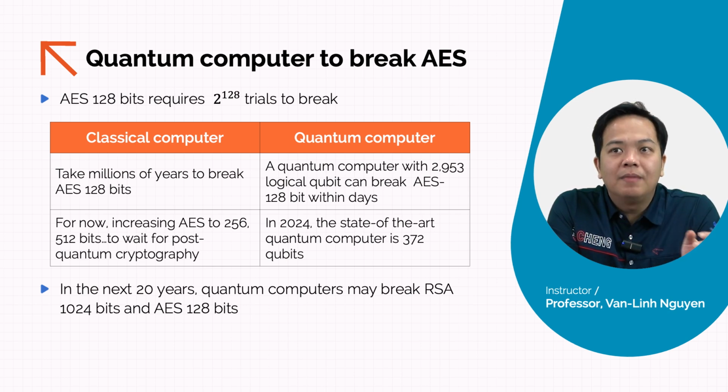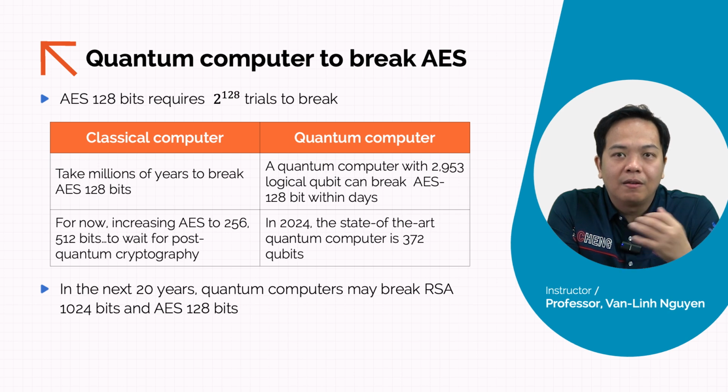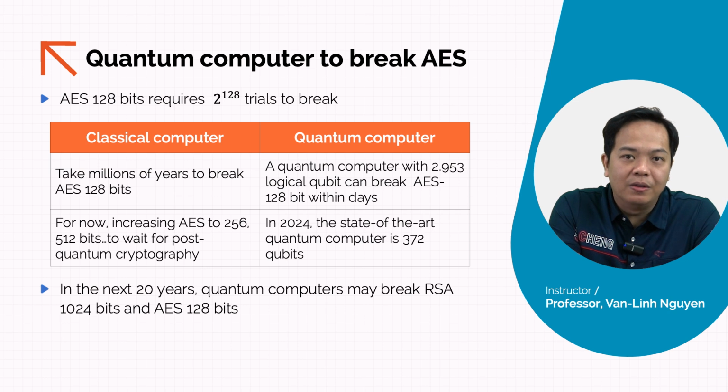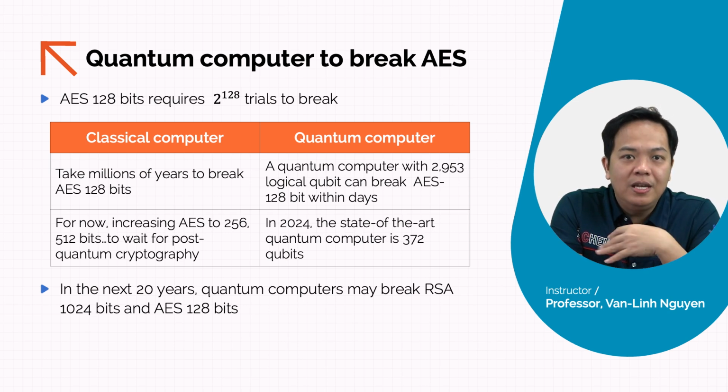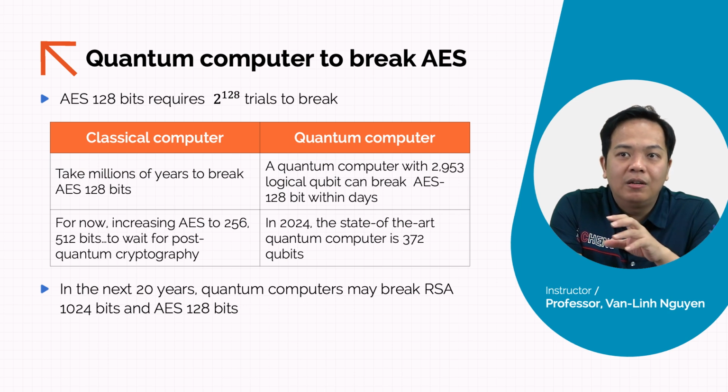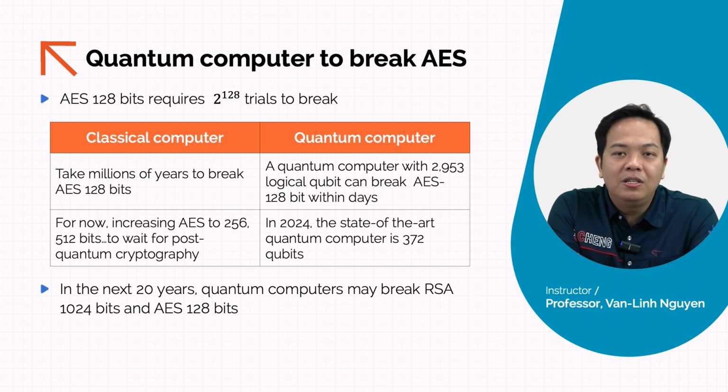But with the quantum computer, you can break or crack that kind of password if you have enough logical qubits. For example, to break AES 128 bits, the quantum computer requires about 2,953 logical qubits, so it can break. And currently, this year is 2024, the state-of-the-art quantum computers have up to about 372 qubits.